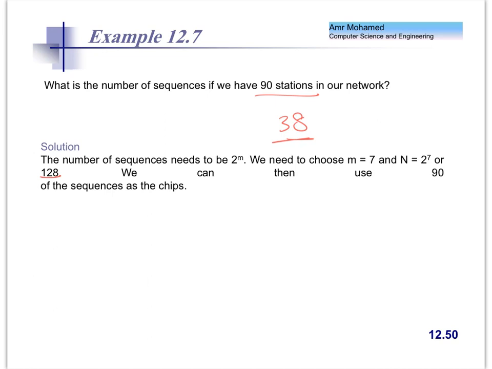Another issue with CDMA, which is a little bit tricky. Imagine, in the example we talked about, if you have Chinese and English, and the two conversations are happening at the same level more or less, then one in the back will be able to extract Chinese from English or English from Chinese with very high accuracy.